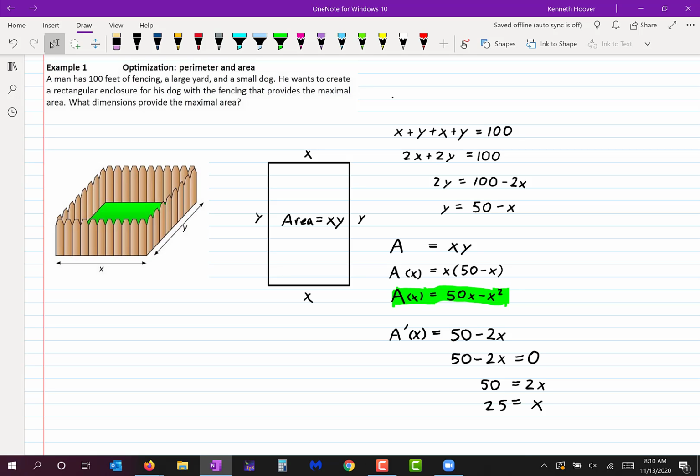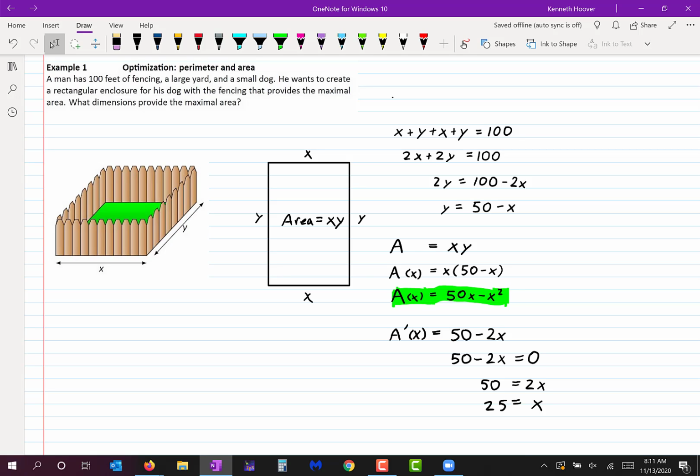So how can you be sure which one gives you the maximum? You use the second derivative test, right? Here I kind of don't need to do that because there's only one possible answer, so that must be the right answer. But I think it's a good idea to check and make sure that that will give us the maximum area and not the minimum area.